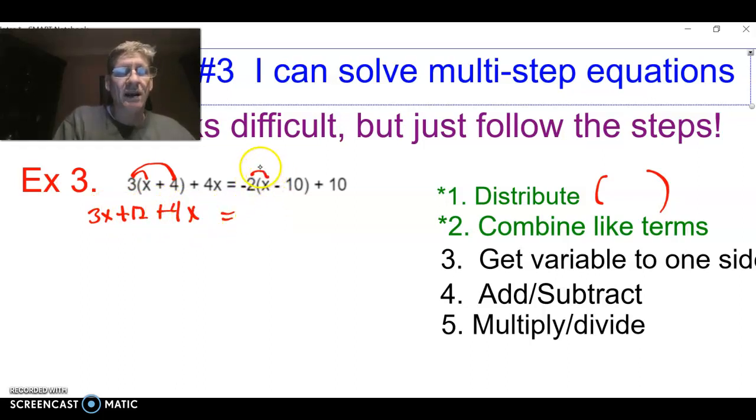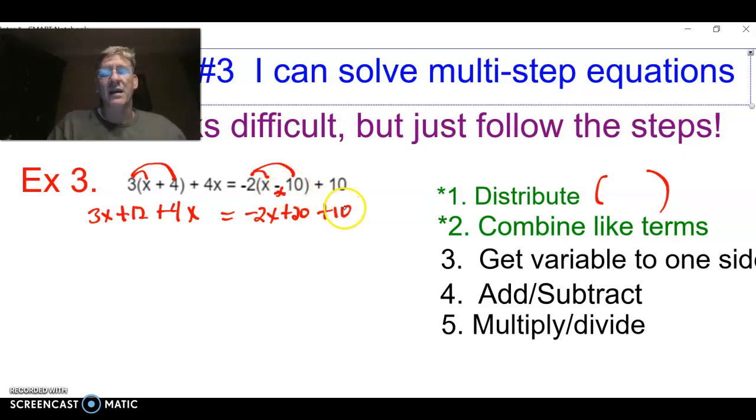Equals, now be careful with these negatives. Negative 2 times x is negative 2x. Here's where people would make a mistake. I can almost guarantee it. Negative 2 times negative 10 is a positive 20. Please don't miss that. People miss that a lot. And then I still have the plus 10. Okay, distributed, done, parentheses, gone.